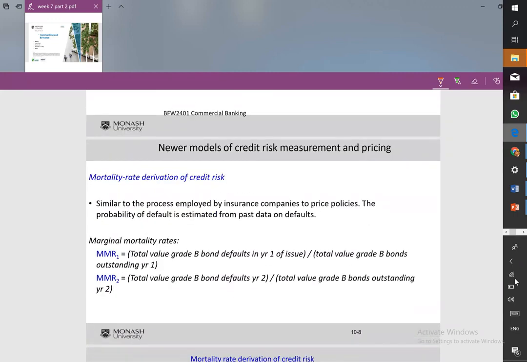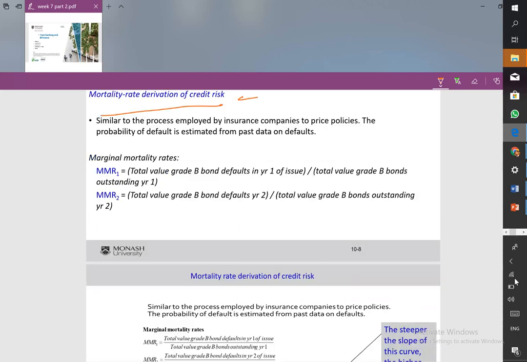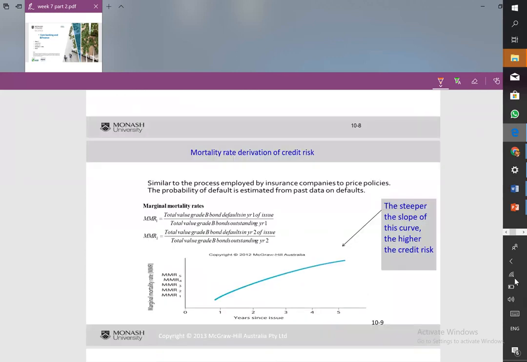The other thing, the second model, is the maturity rate derivation of credit risk. This is a very simple issue, and they actually use it for bonds. All you have to do, if you are going to invest, is the following. You calculate the total value.